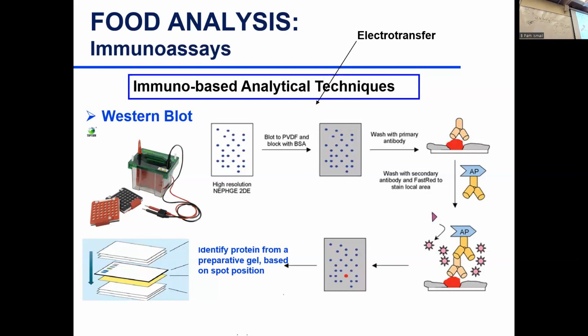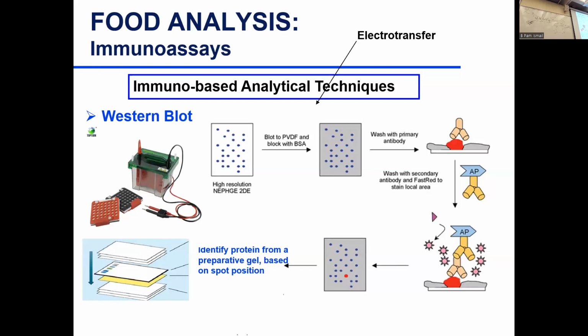So you transfer, and you take that membrane, put it in a container, and add a solution that has antibodies specific for one of the antigens you're looking for. It will bind. You wash, you block, and then you add another antibody that is labeled.